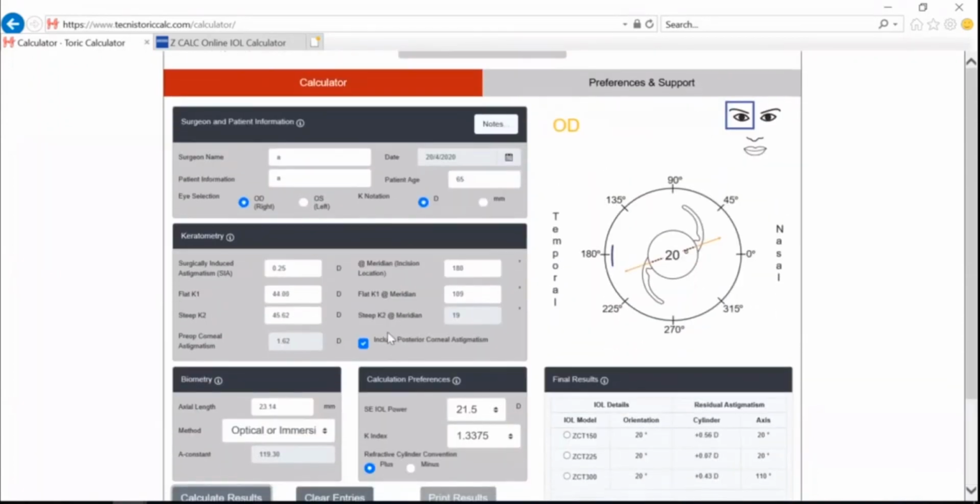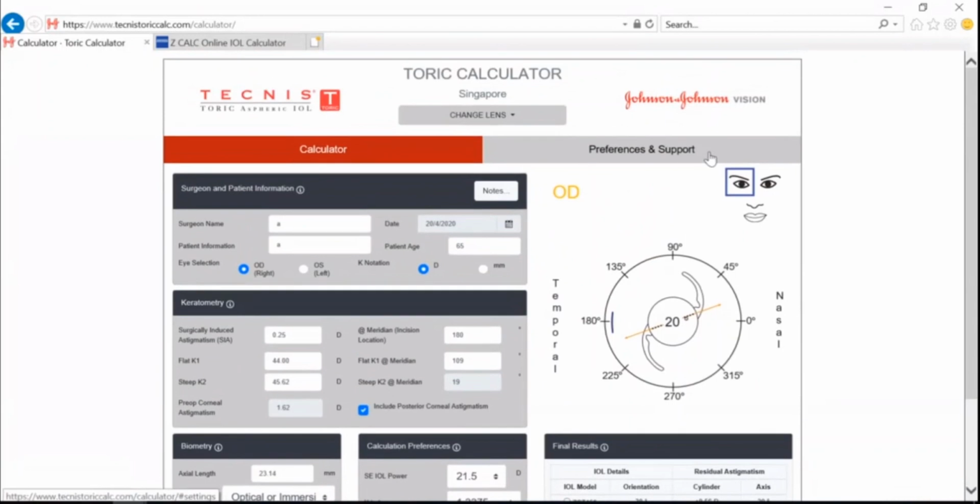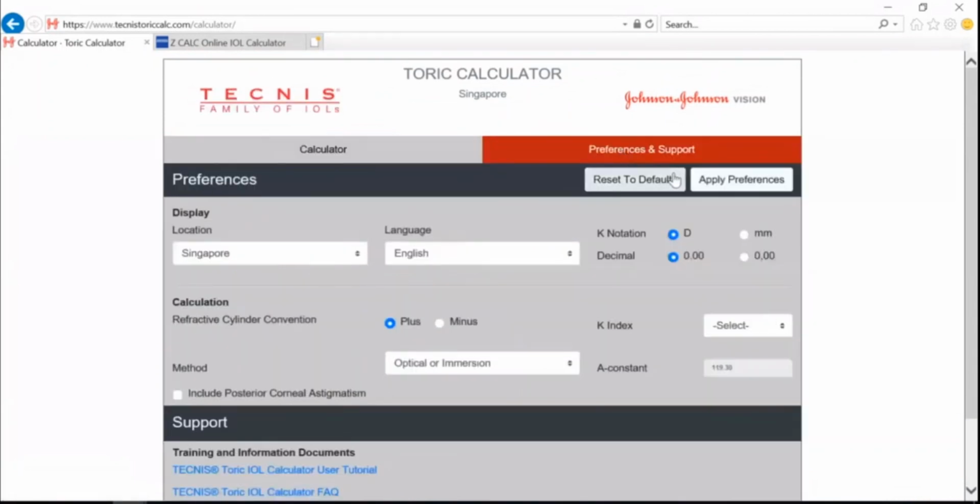The good thing about the new calculator website is that under the preferences support, you can choose to turn this on by default, or turn it off, right? So if your surgeons are mainly using keratometry readings without measuring the posterior corneal astigmatism, you may want to switch this on.